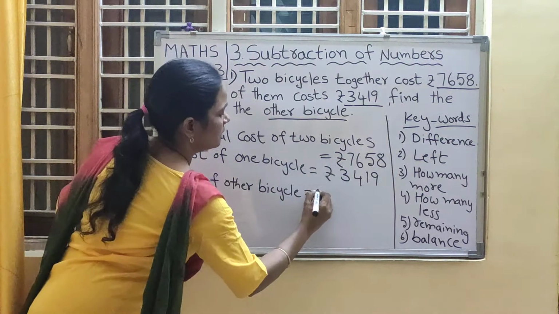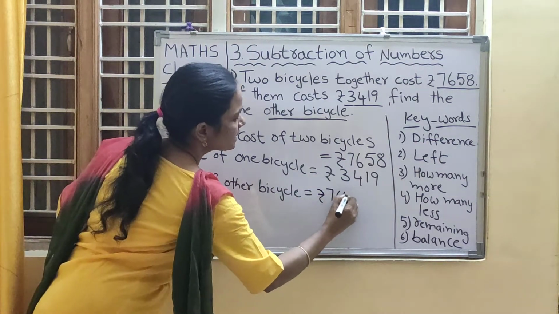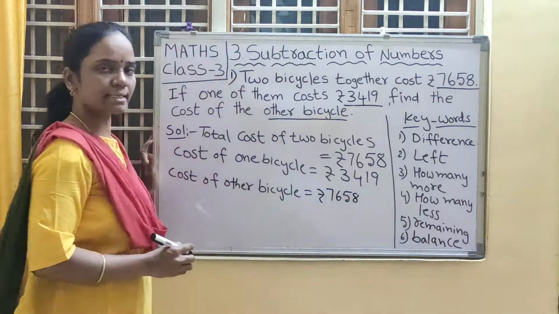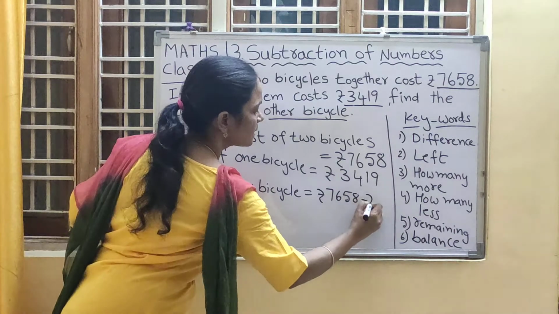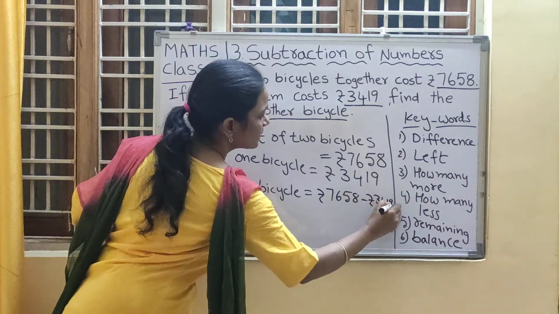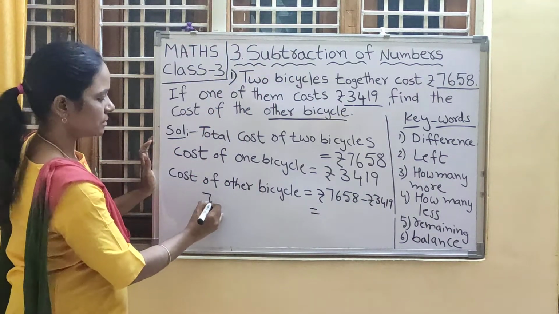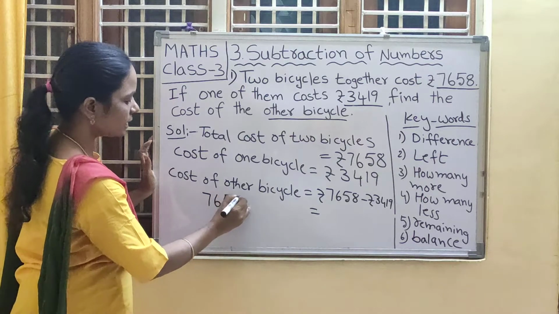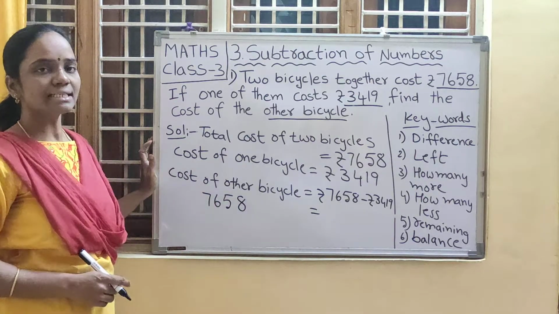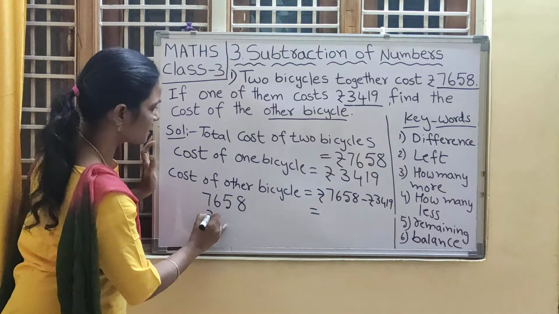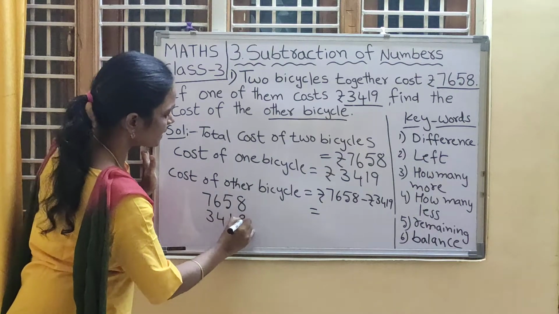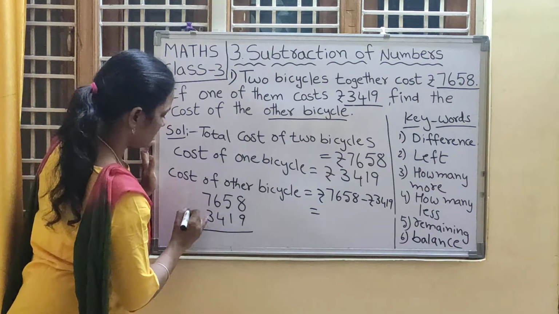So this amount 7,658 is the biggest amount minus 3,419. Take subtraction and write down the answer. Here I am taking. Look at the board, children, all of you carefully. 7,658 minus 3,419 rupees.